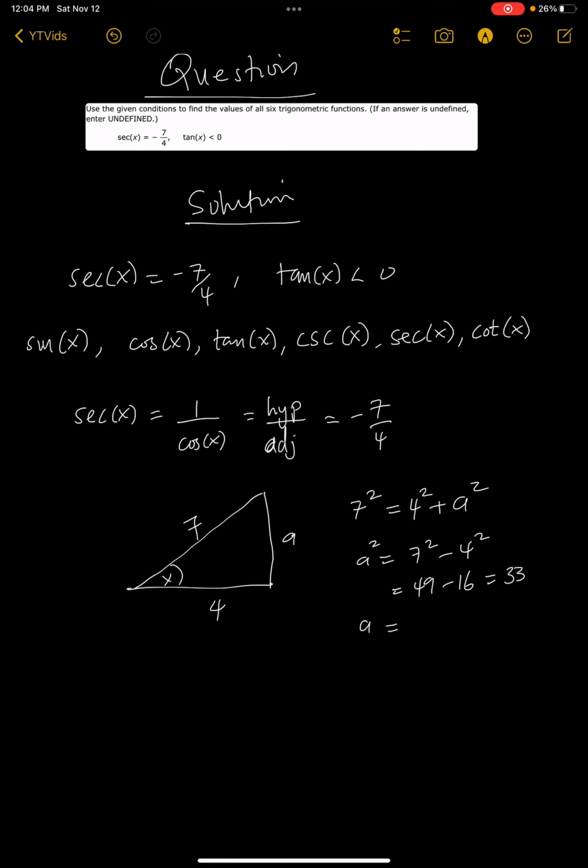So side a, the opposite, is the square root of 33. Now we know our opposite is square root of 33, adjacent is 4, hypotenuse is 7, but one of them is negative, so let's find that out.